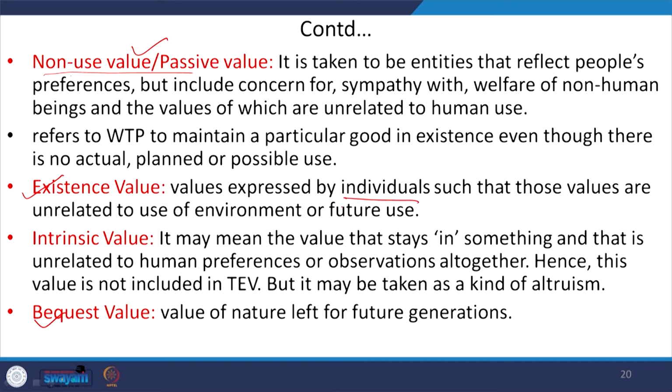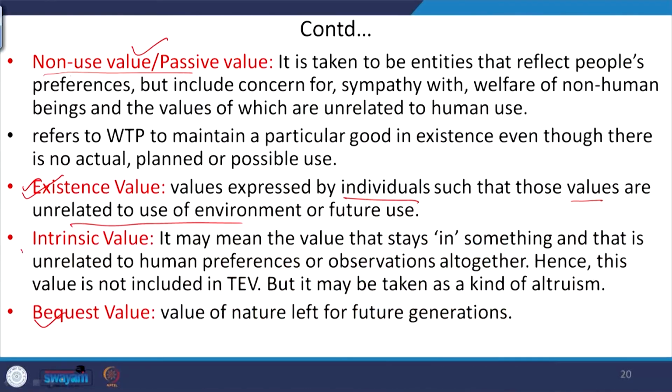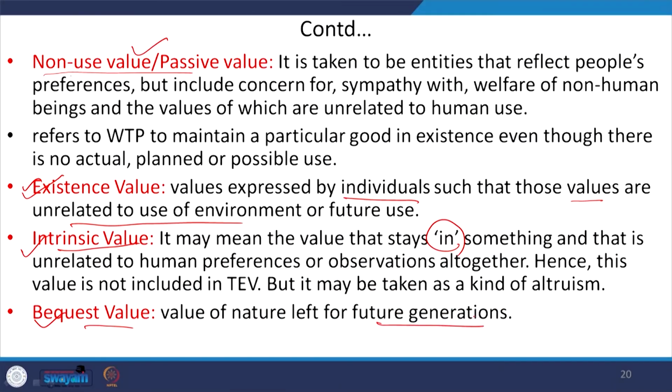Because you are expressing some preferences or capturing values that are unrelated to the use of the environment or the future use. Right now you are not using, even for the future you are not using. Obviously, this is different from intrinsic value, because that talks about something inside the particular system or particular animal or particular biodiversity. So, intrinsic value is not included in the total economic value, and bequest value, which is for the future generations, is also included.